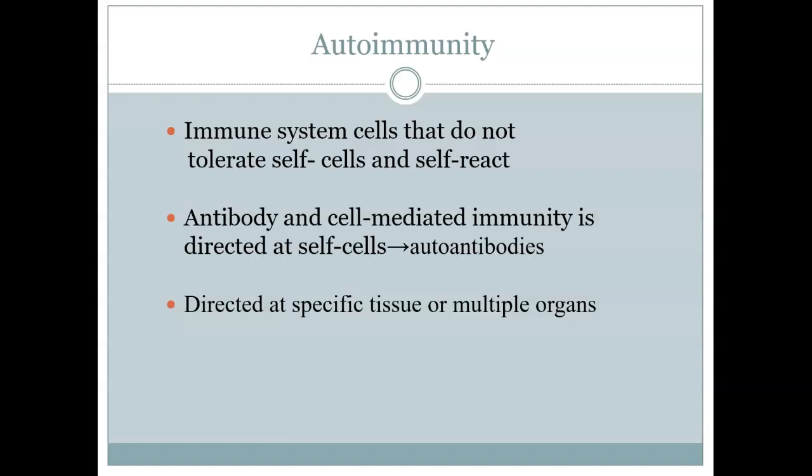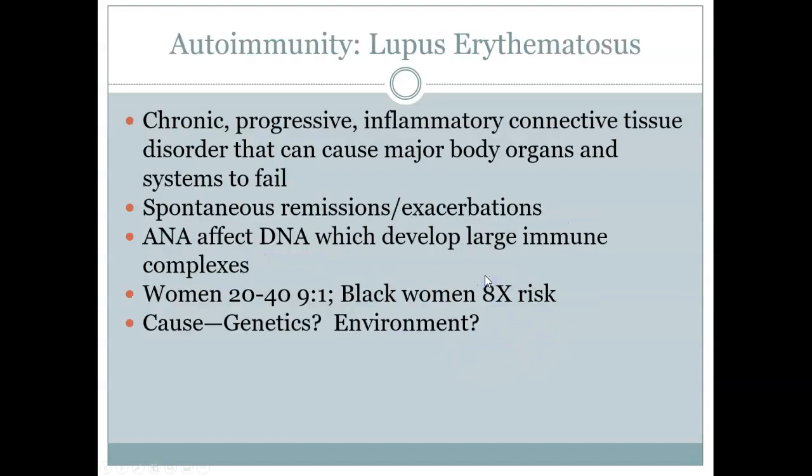There are so many autoimmune disorders, and it can be targeted to a specific area, or it can actually be a multi-organ situation where the person develops these autoantibodies that end up attacking the patient's own cells in multiple organs. So one in particular we're going to talk about is lupus erythematosus, systemic lupus erythematosus, or SLE.